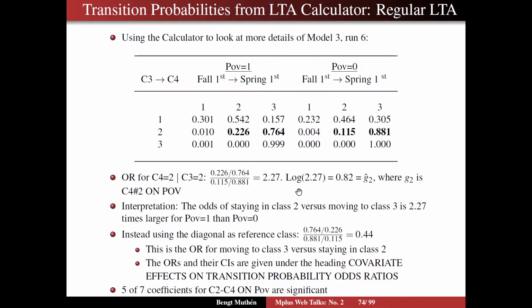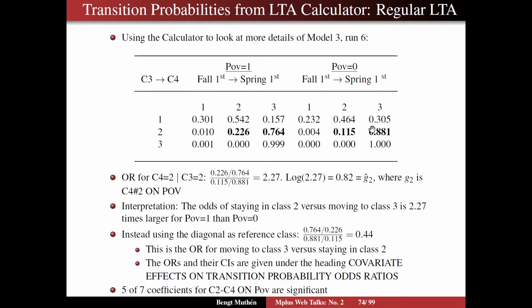And just for fun, you can check that the odds ratio is 2.27. The log of that is 0.82, which is the estimate of G2 corresponding to the notation in our transition tables expressed in logit form. So e to the power of G2 is 2.27, but G2 itself is 0.82, where G2 is C4 class number 2 regressed on poverty.